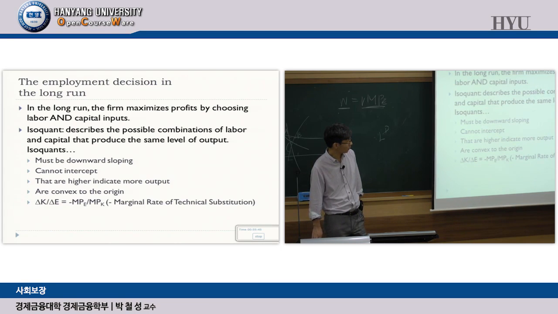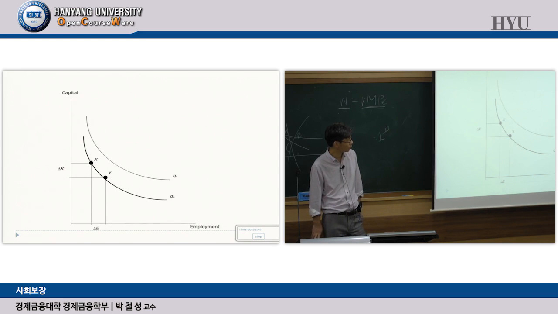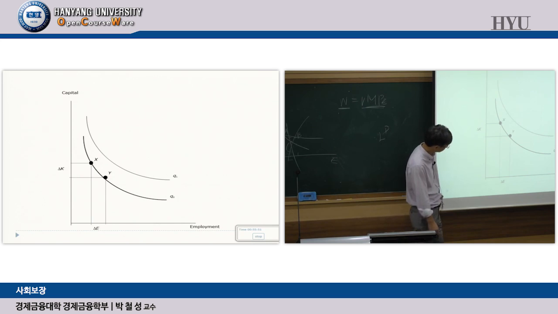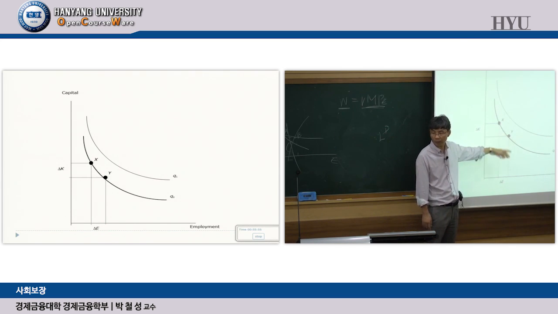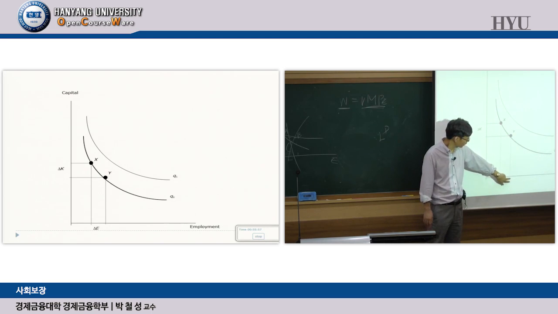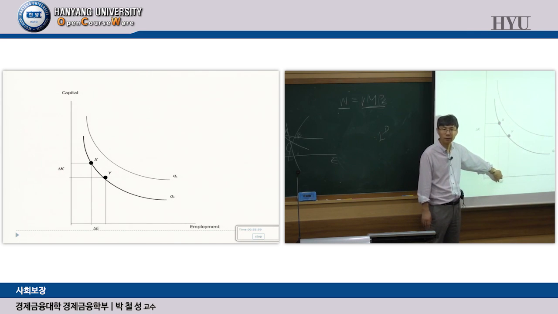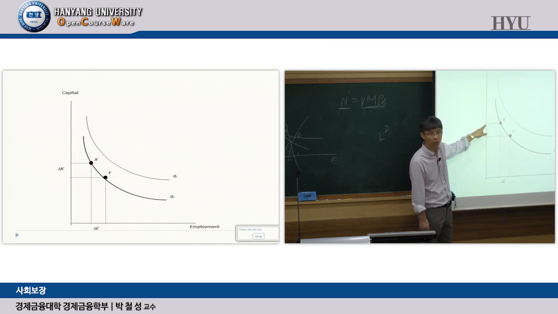And the last one is the slope. We call this slope. Let's say you increase labor input a little bit. To be on the same isoquant curve, you have to decrease capital input.